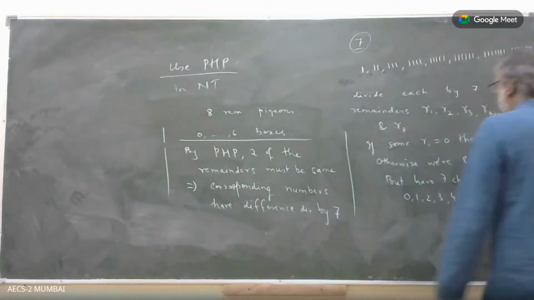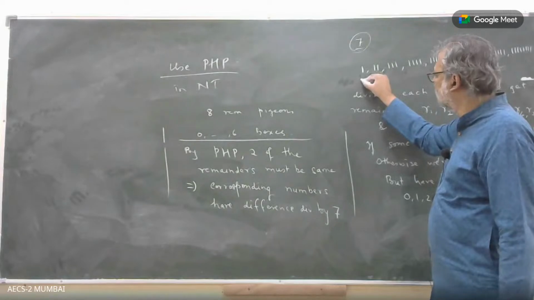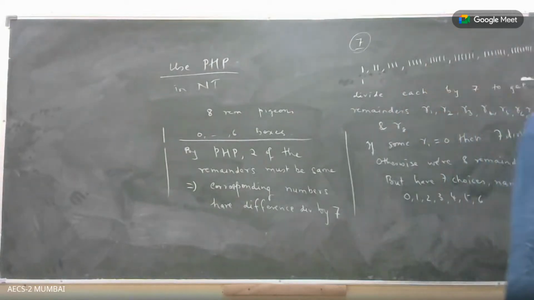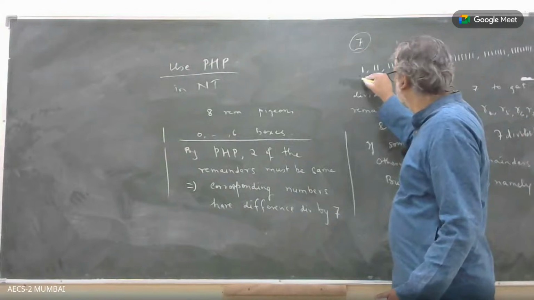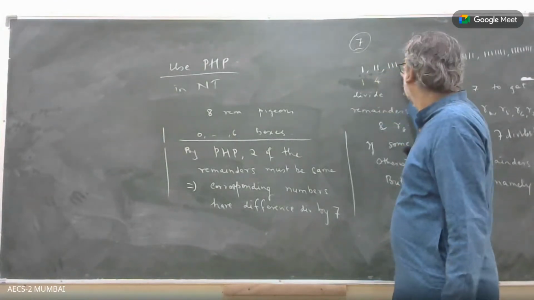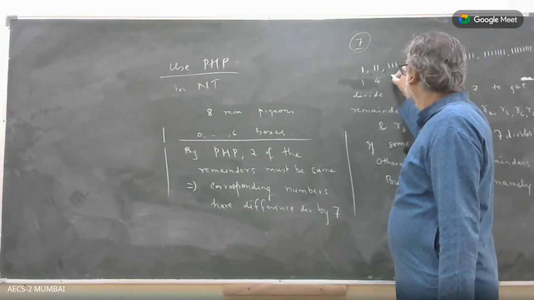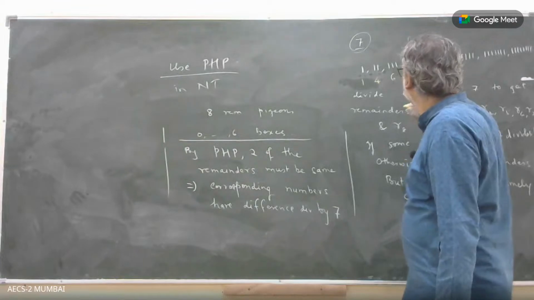So for example, quickly let's find the remainder for each of them. When I divide 1 by 7, the remainder is 1. For 11, 4. For 111, 6.